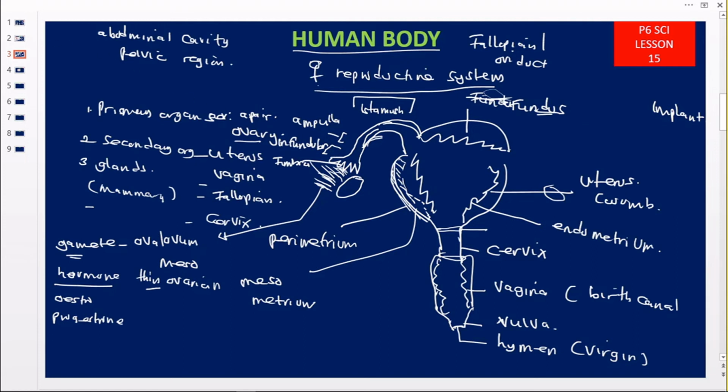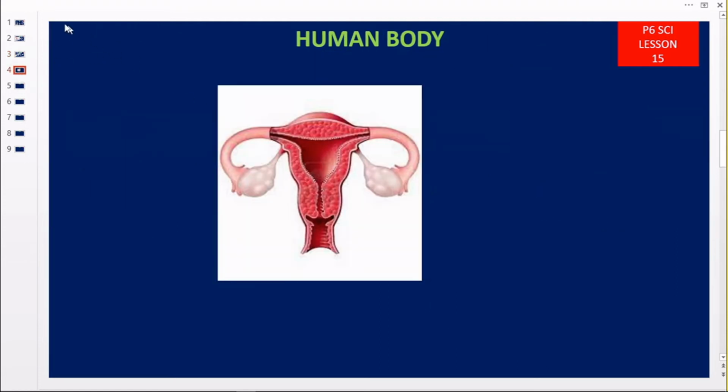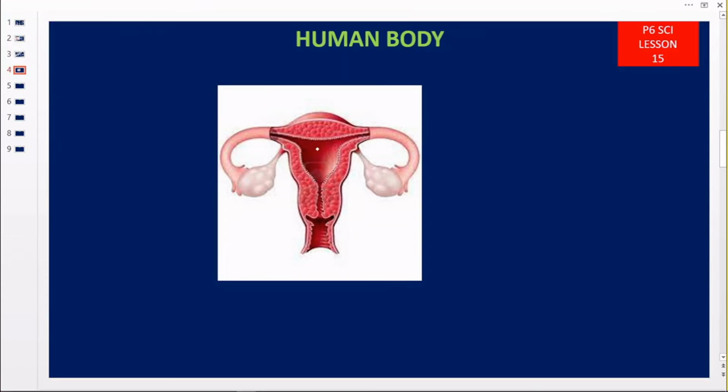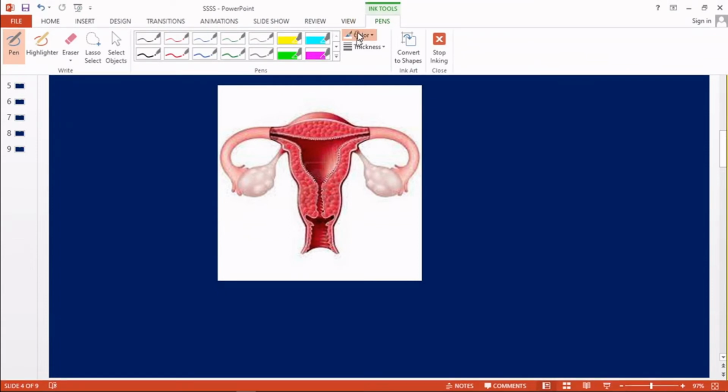So let us now take a look and label as we name this. Here is our female reproductive system. Let us now label it. Let us use this red.